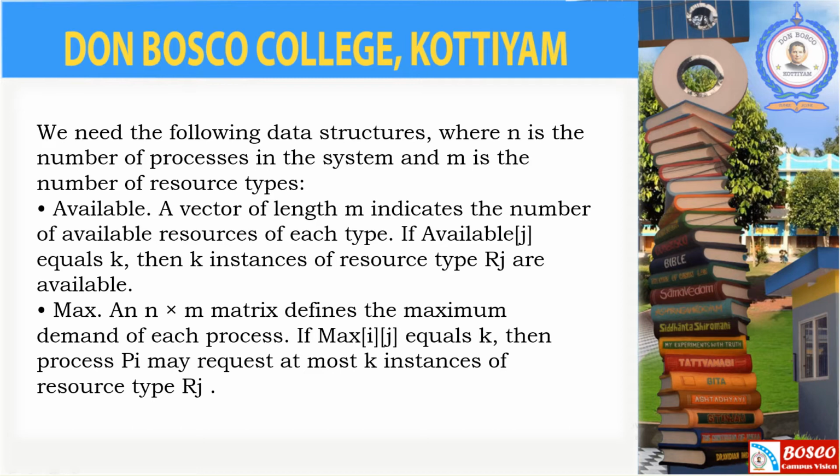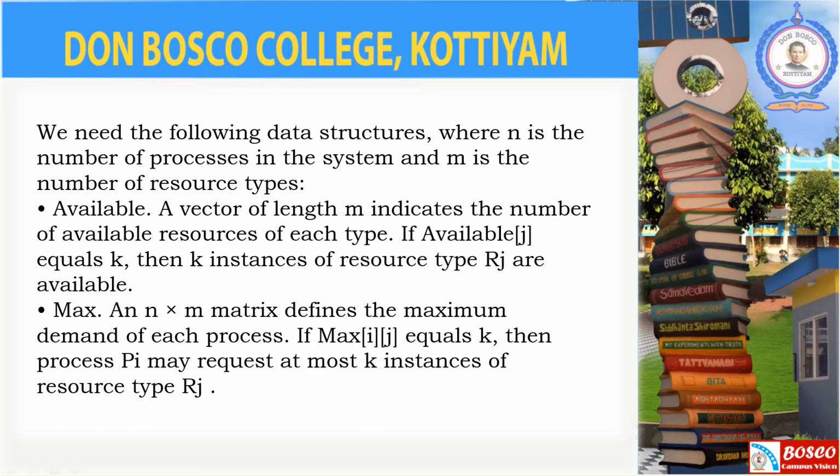It defines the maximum demand of each process, indicating the resources needed by each process. That is, if Max[i][j] equals k, where i is the process and j is the resource, then it indicates that Pi can request at most k instances of resource type Rj.